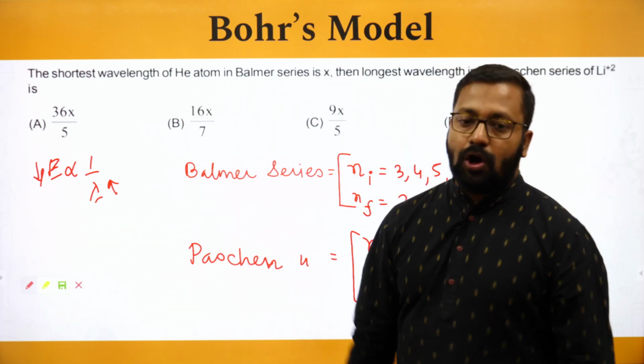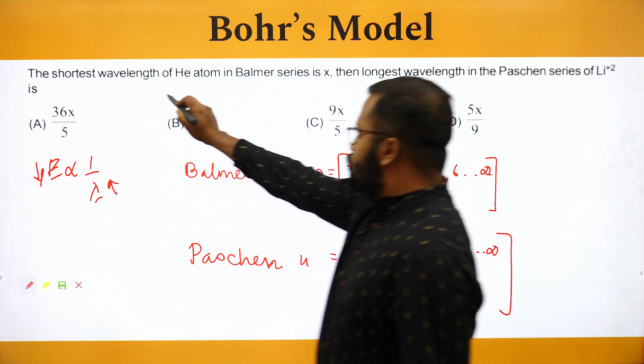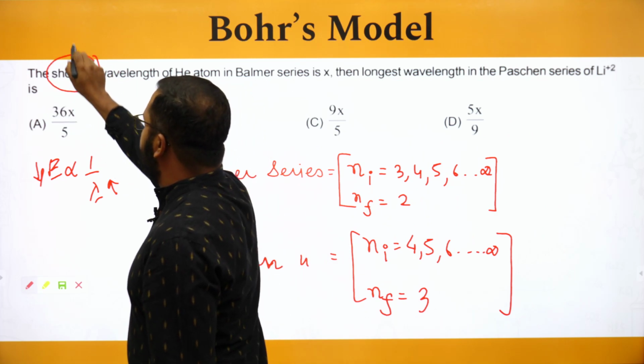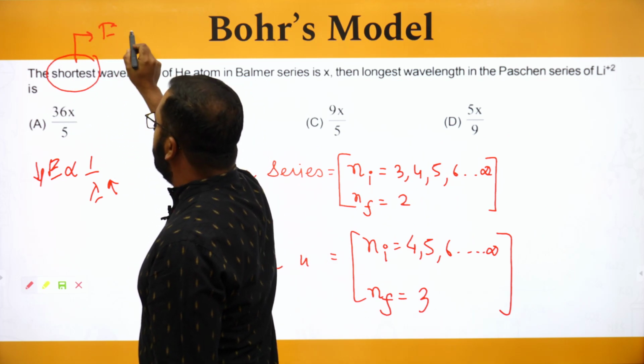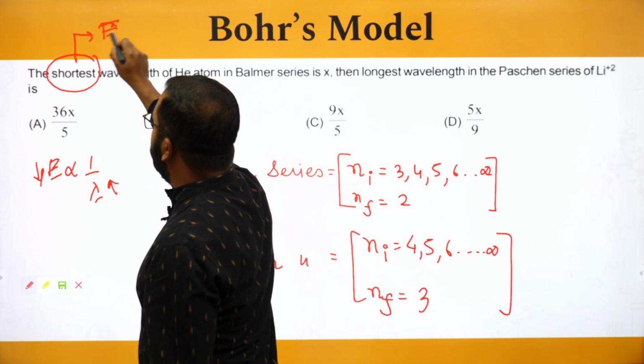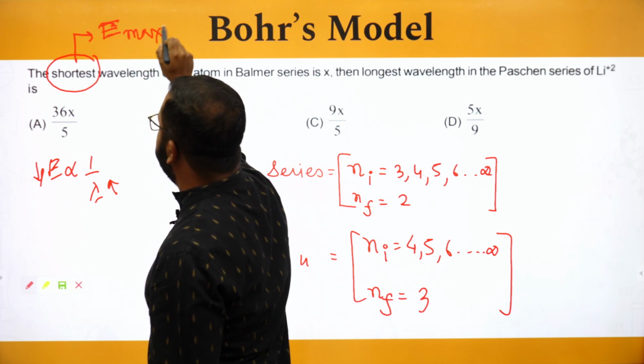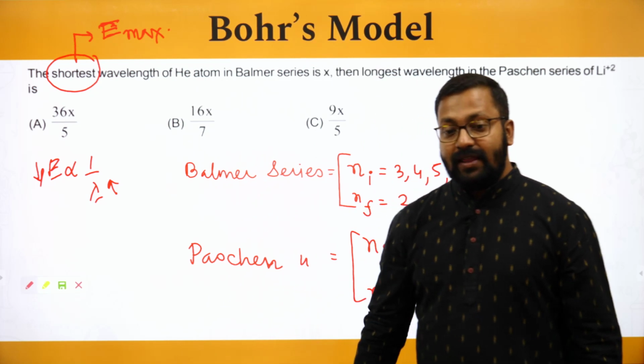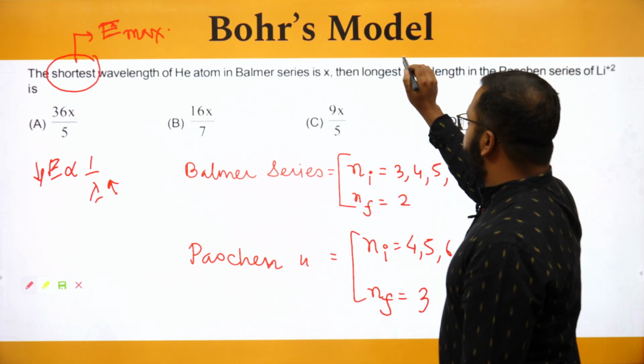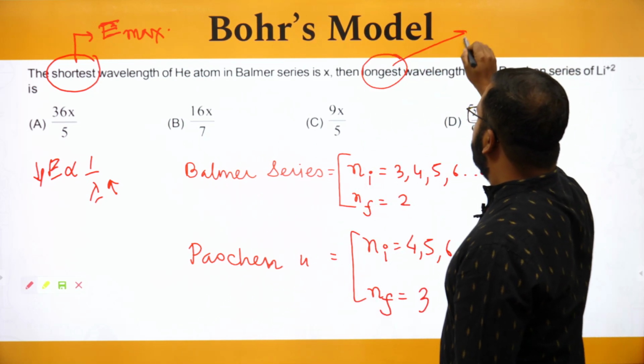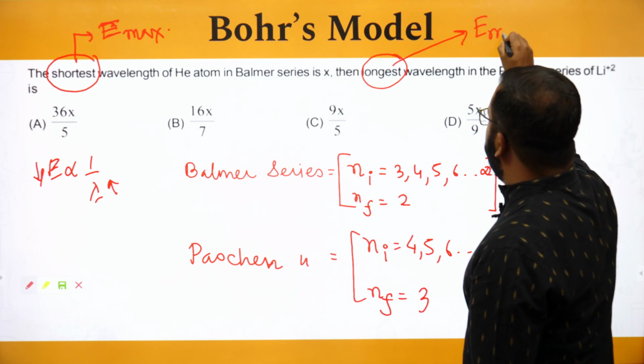If you take a short wavelength, that means energy is maximum. Shortest wavelength, energy is maximum, but longest wavelength, energy will be minimum.